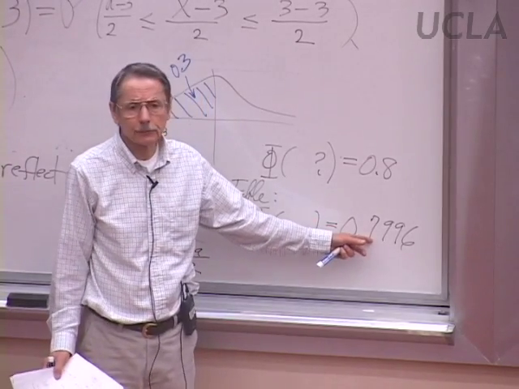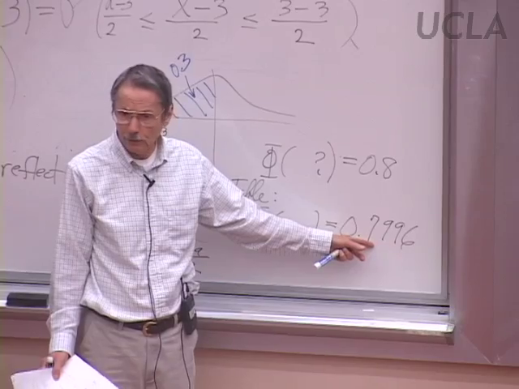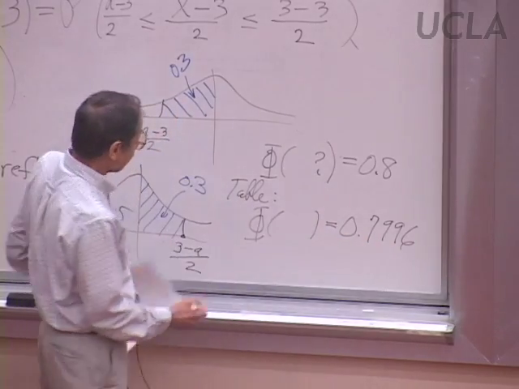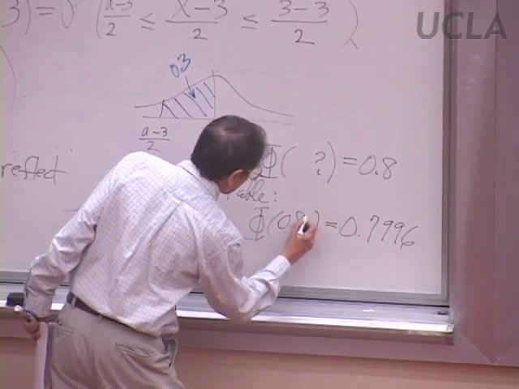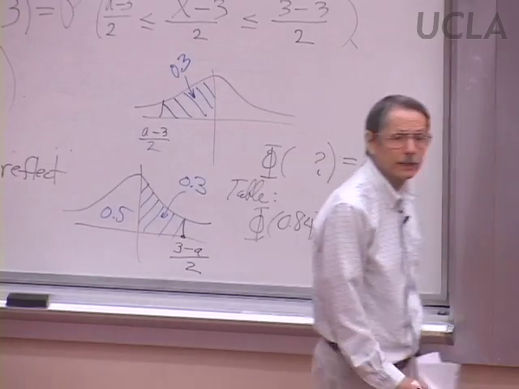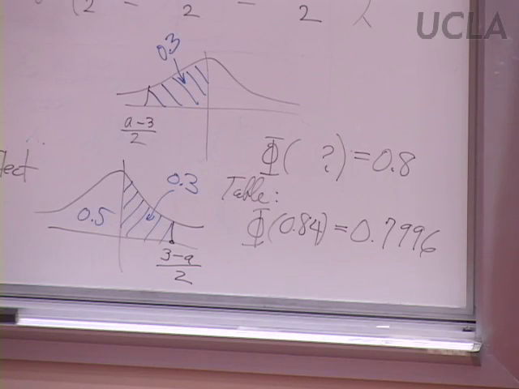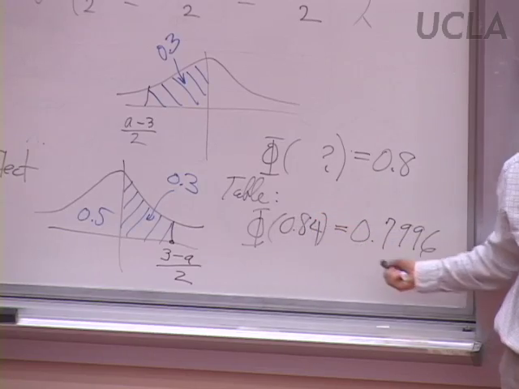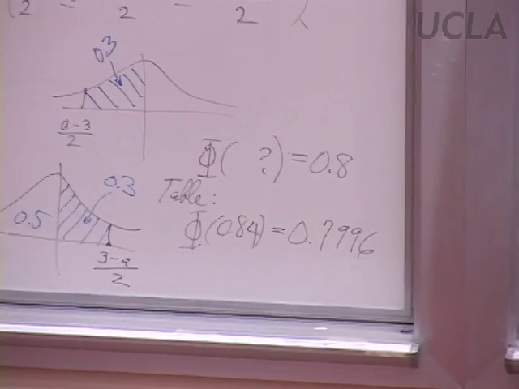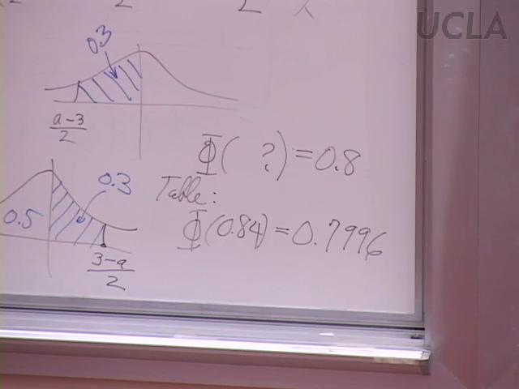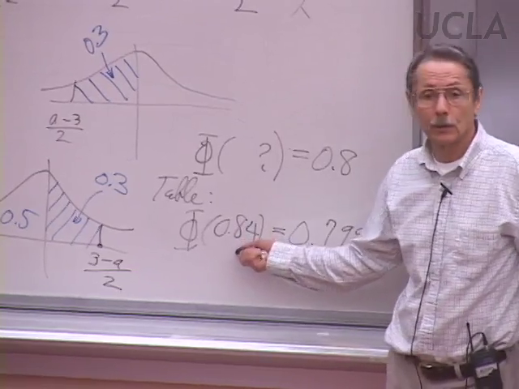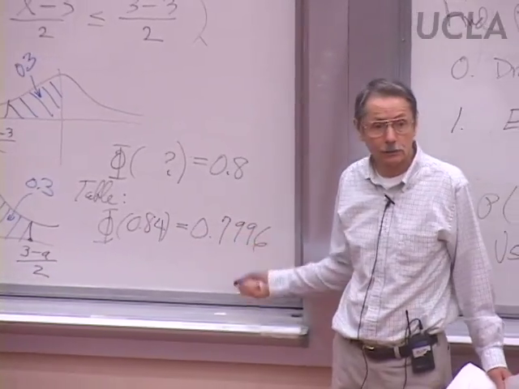The probability entries in the table, this is the closest one to 0.8. And it comes from phi of 0.84 in our table. Now, there are ways to be a little bit more accurate. A statistical calculator would be more accurate. We could use linear interpolation, which is sort of an old-fashioned technique for getting a little more accuracy. We're not going to bother with those. We will take 0.84 because that gives us the thing closest to 0.8.